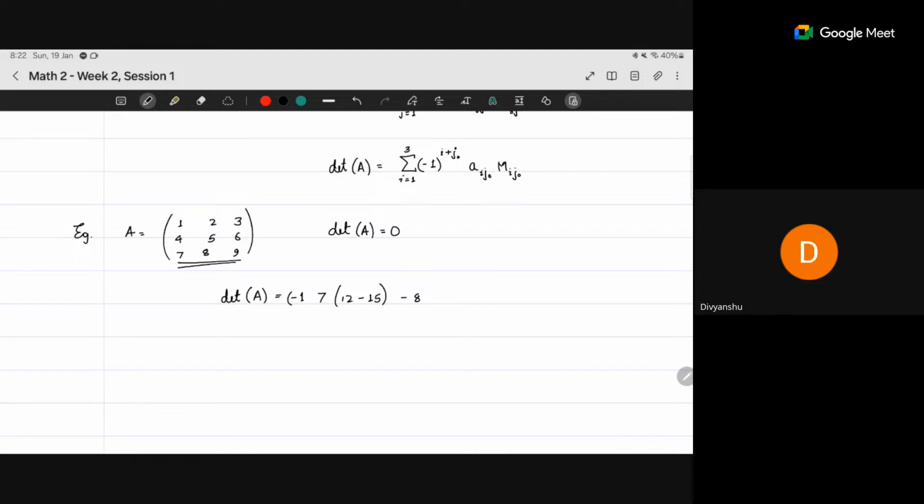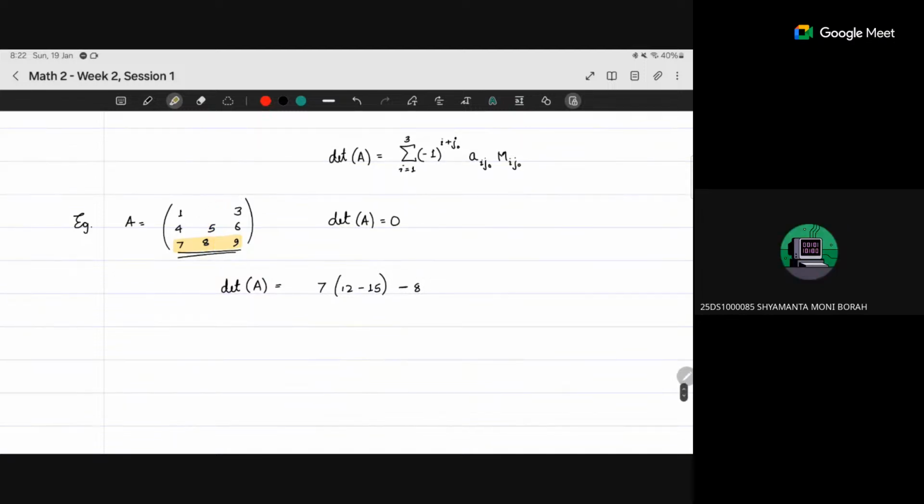Strictly speaking, I should be writing (-1) to the power 3 plus 1, since 7 is entry number 3, 1. So it is plus. But 3 plus 2 will be minus, so I get a minus sign over here: 8 times the determinant of 1, 3, 4, 6, which is 6 minus 12.